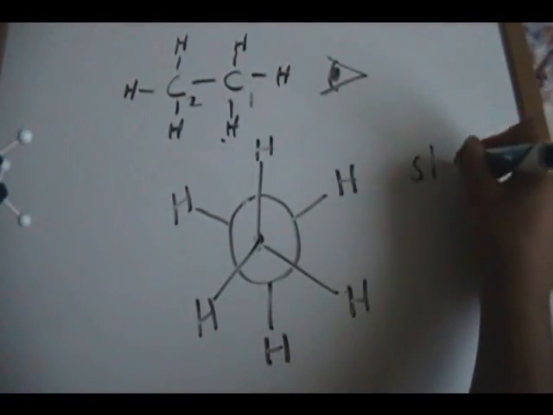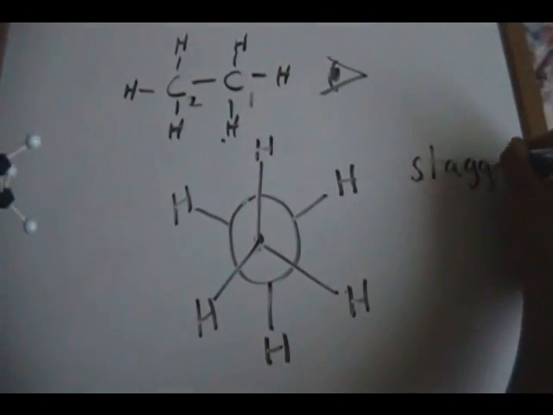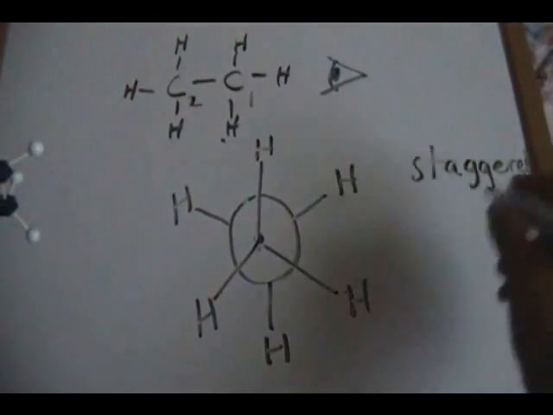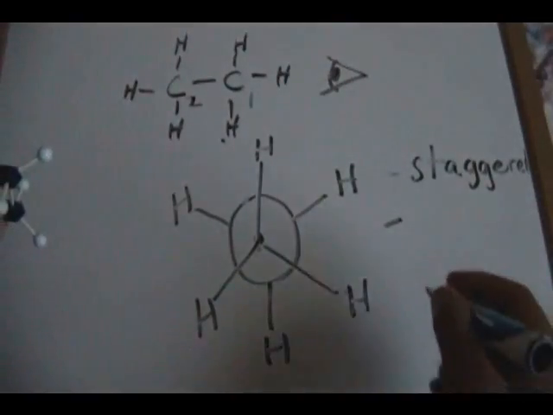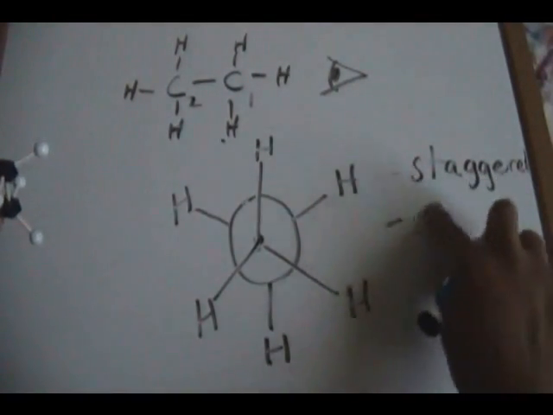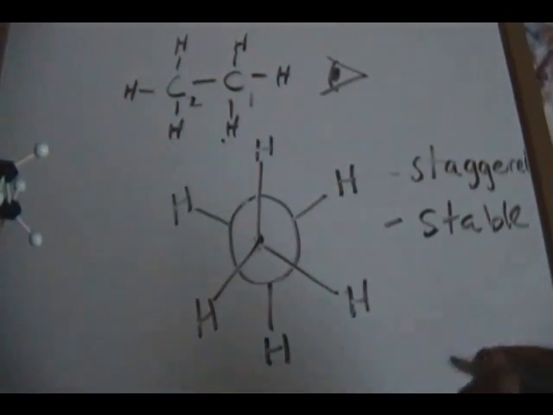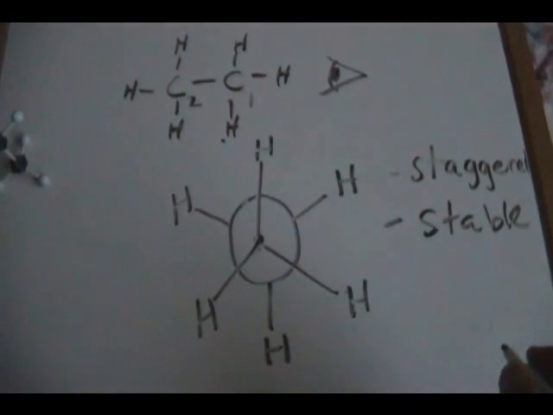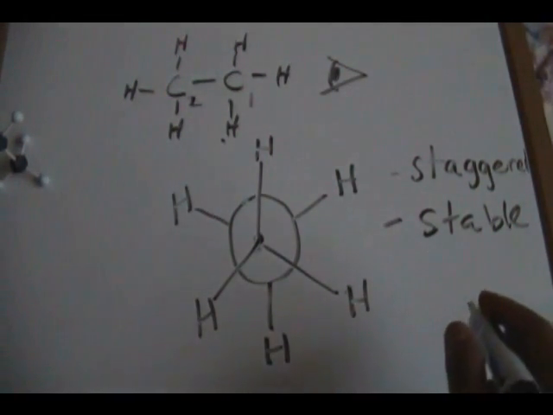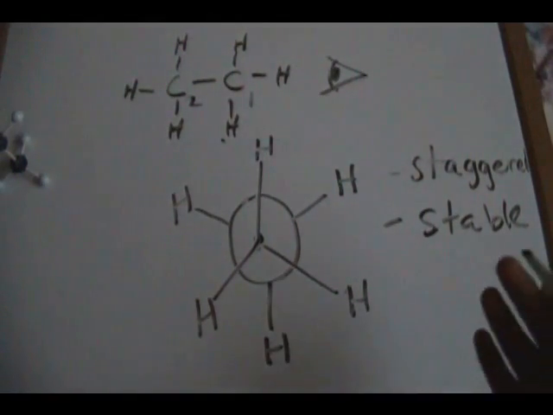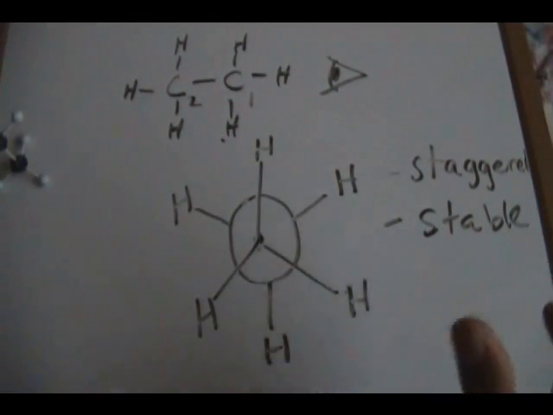So this is staggered, and much more stable. This is stable, okay. This is staggered and this is much more stable, and so that concludes the Newman projections for ethane.